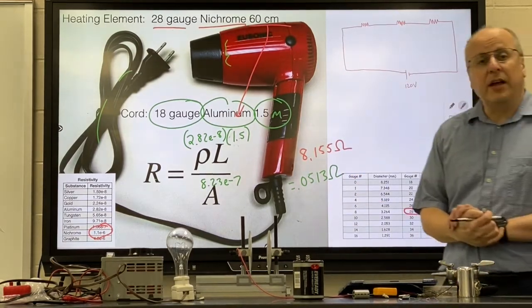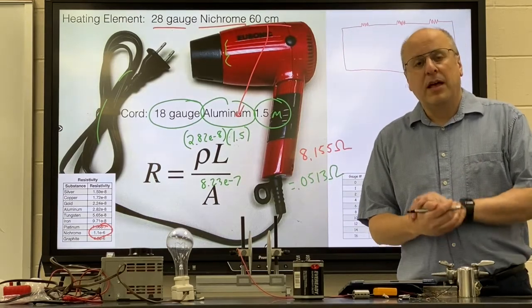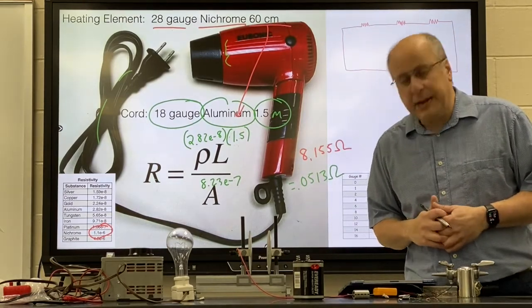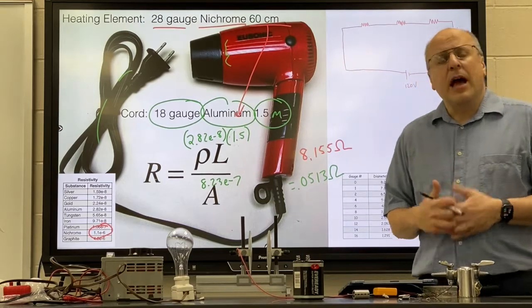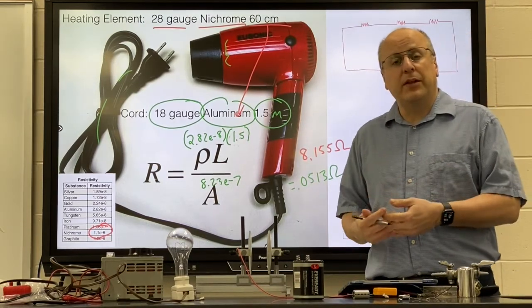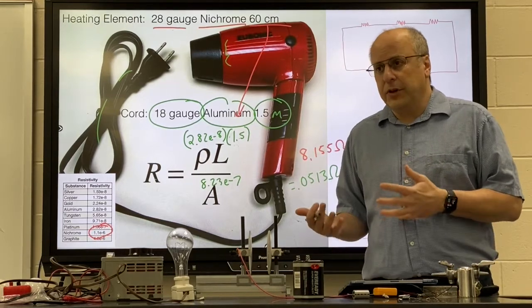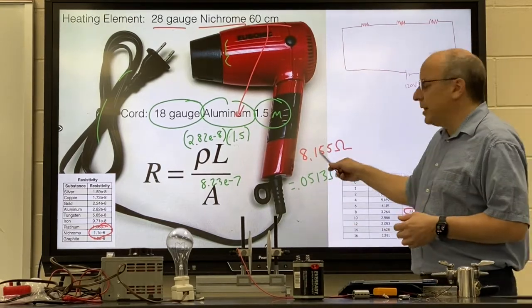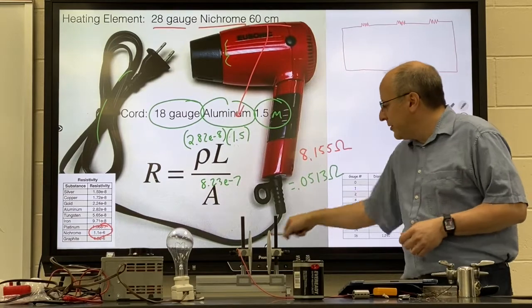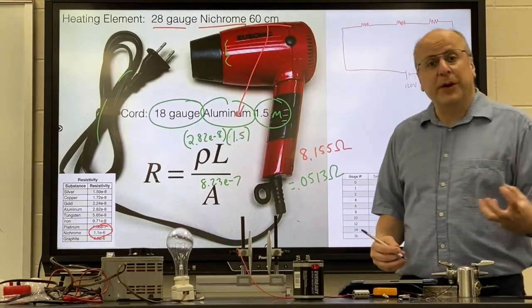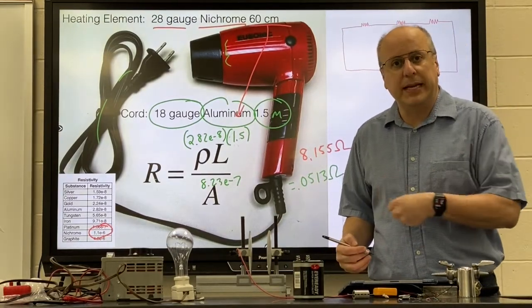When all's said and done, you should get a resistance of around 8.15. I had mentioned before that we use nichrome when we want to have a relatively high resistance. In terms of resistance, this might not really be that high, but it's high compared to the aluminum wire that brings the electricity to the heating element.